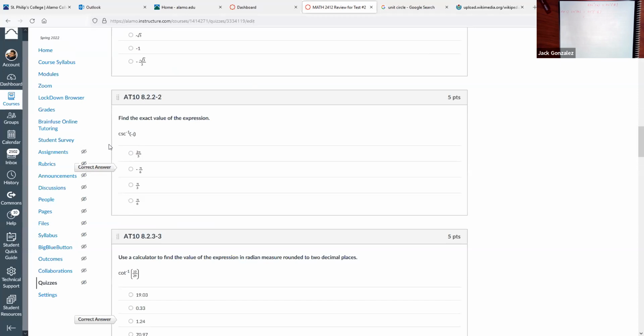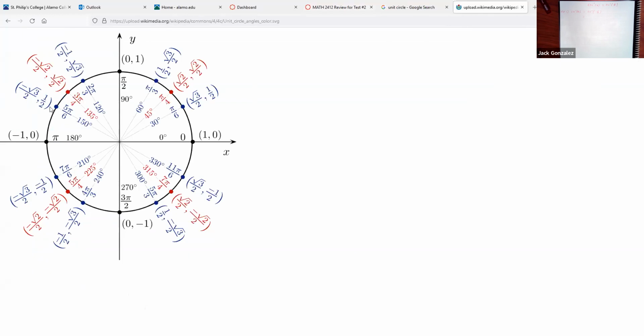Oh, I see why. It's sine, right? So it technically gives me this value, right?